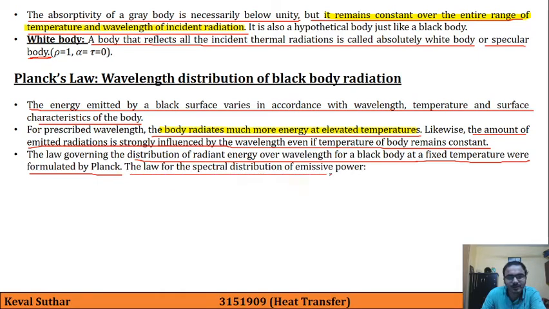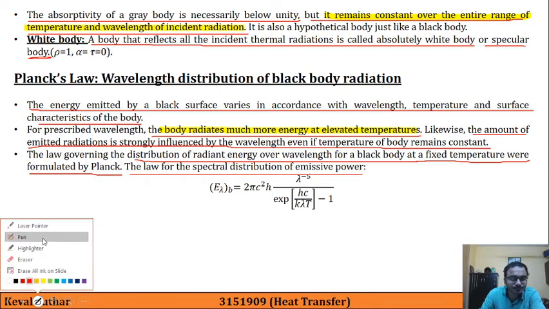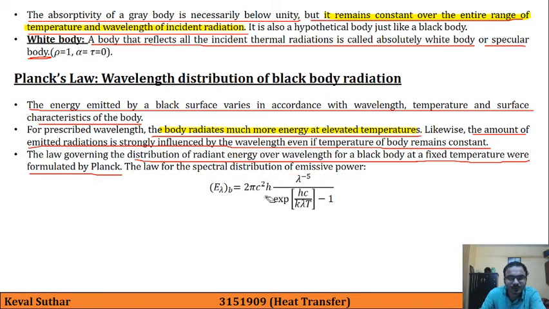The law for spectral distribution of emissive power is given by this formula, which is, as you can see here, a very important relationship, that is E lambda for black body is given by 2 pi c square h lambda raised to minus 5 divided by exp hc upon k lambda T.